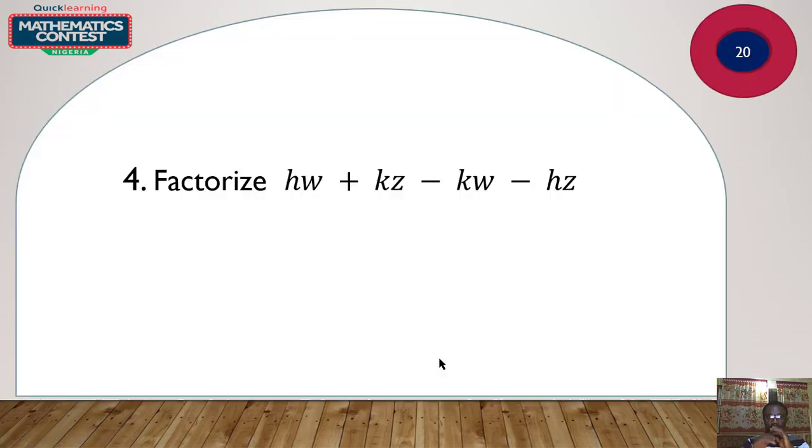Now the next question is number 4. Factorize hw plus kz minus kw minus hz. I would like you to take your time to solve this question because it's something you're going to need to know. Okay, the time starts now.